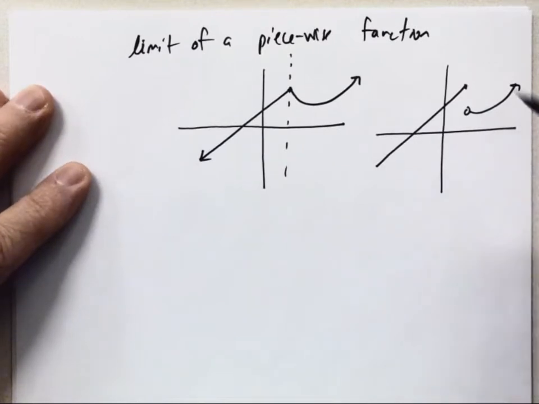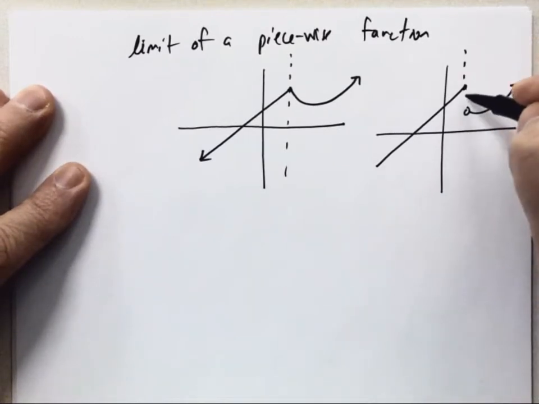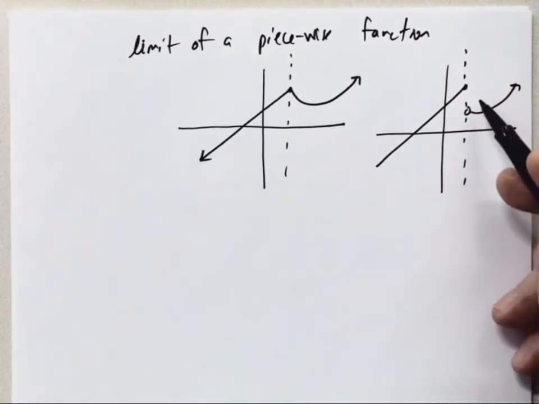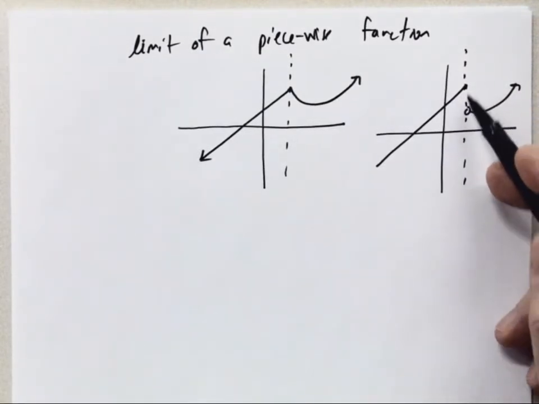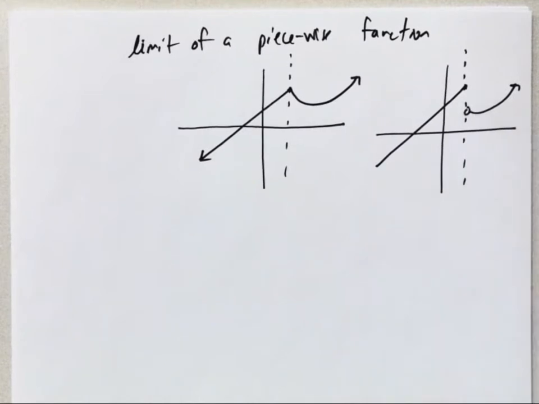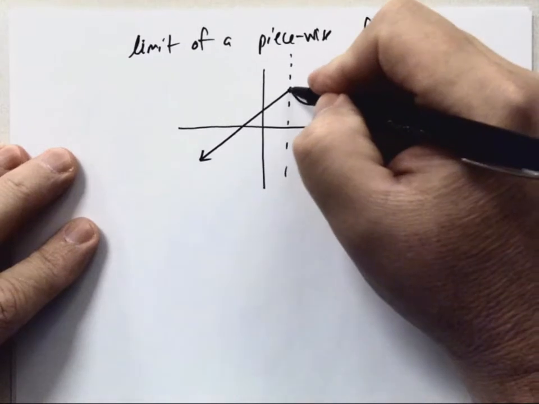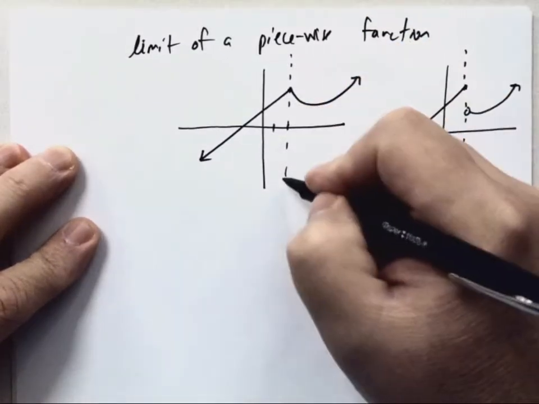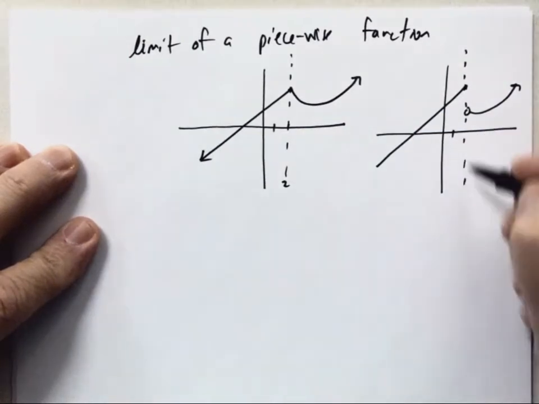Once again, this is sort of the value of x where things change. Although in this case, when things change, there's a gap there. Just out of interest, look at these graphs. If we were asked to find, say this is 2 right here.